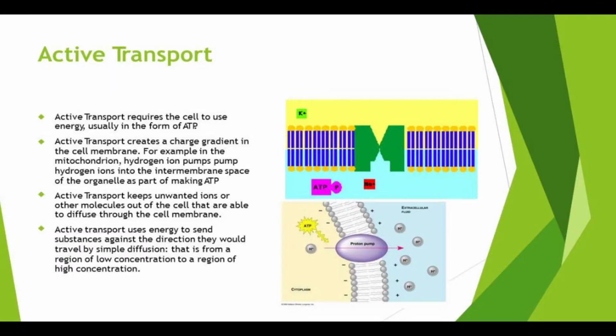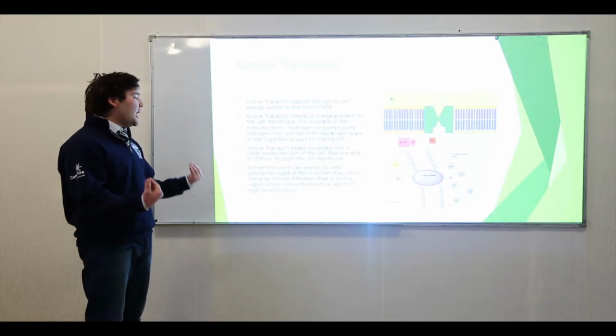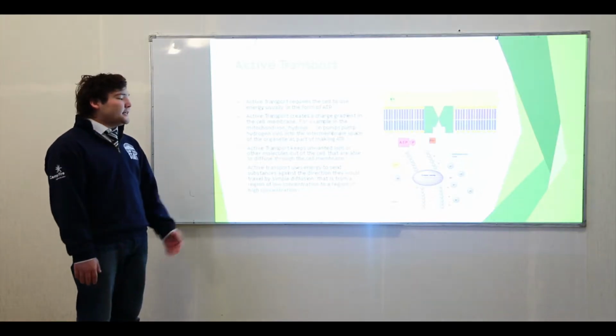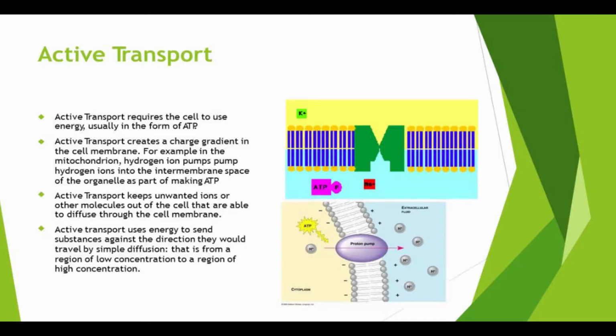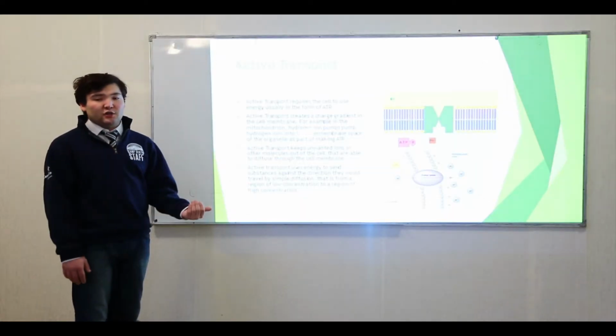Active transport keeps unwanted ions or other molecules out of the cells that are able to diffuse through the cell membrane. Active transport uses energy to send substances against the direction they would travel by simple diffusion, that is, from a region of low concentration to a region of high concentration.